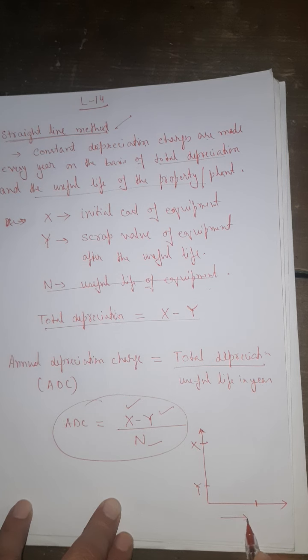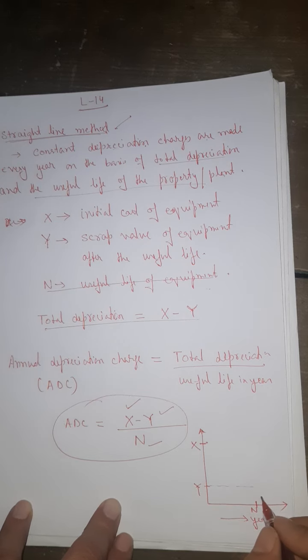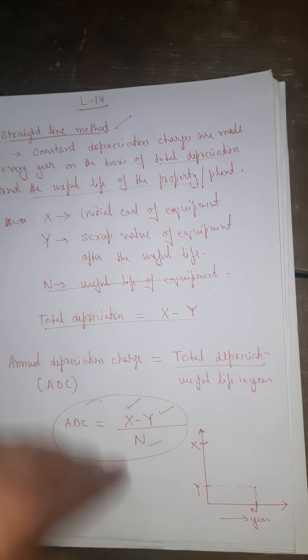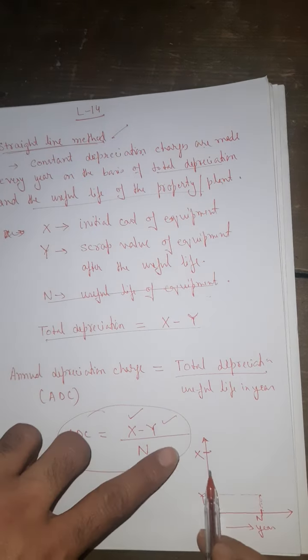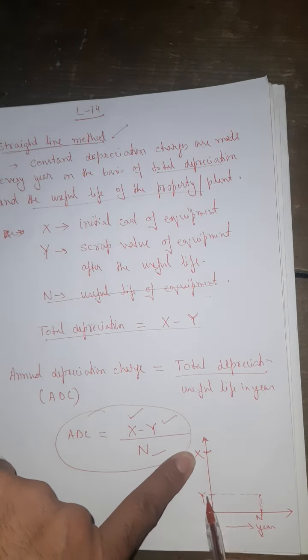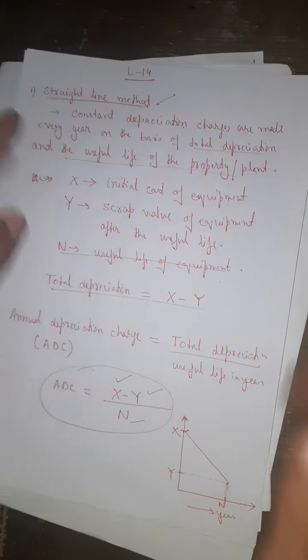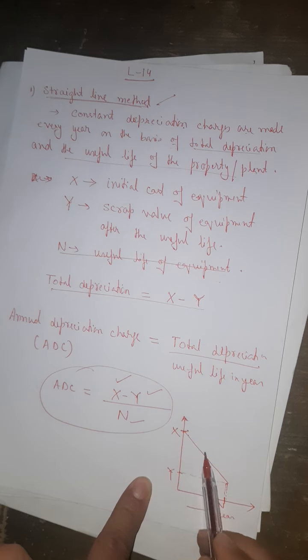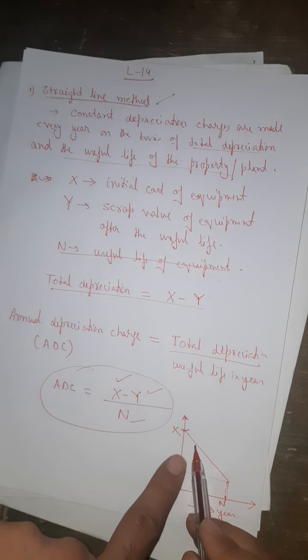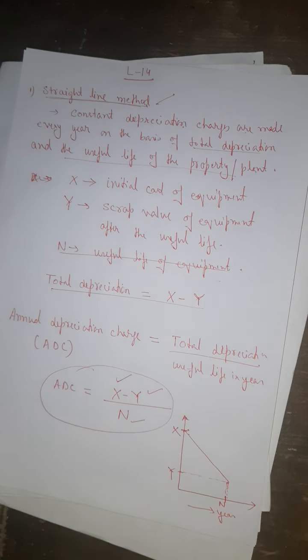This axis is years, this is N years. When the useful life is over, the cost of the plant will reduce from this to this, so the graph will go like this. This is the graph for the straight line method. Each year it is a straight line because constant depreciation charges are made.